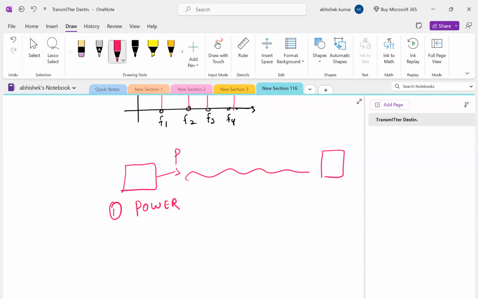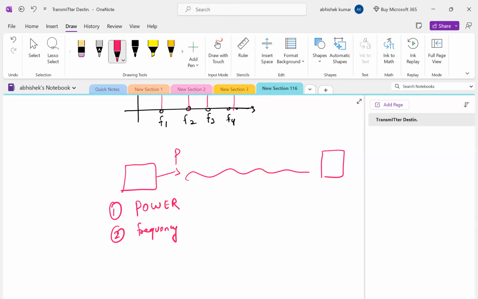Power depends upon whether we are broadcasting or doing a short range service. In that way, the power requirement is defined. Second is the frequency. There can be different frequency components.